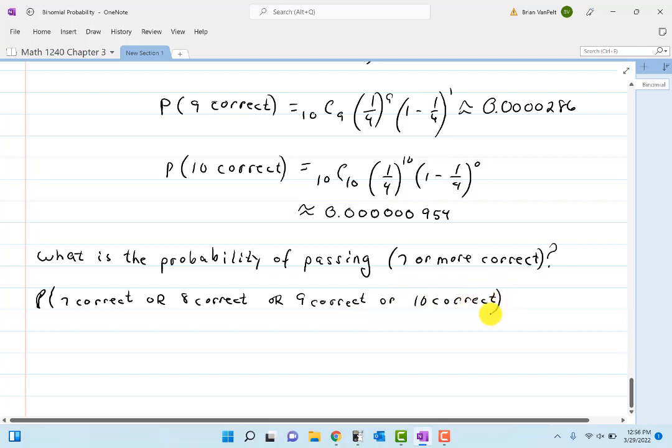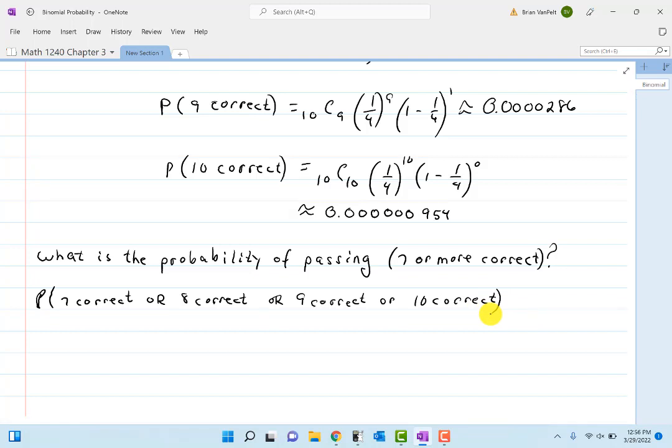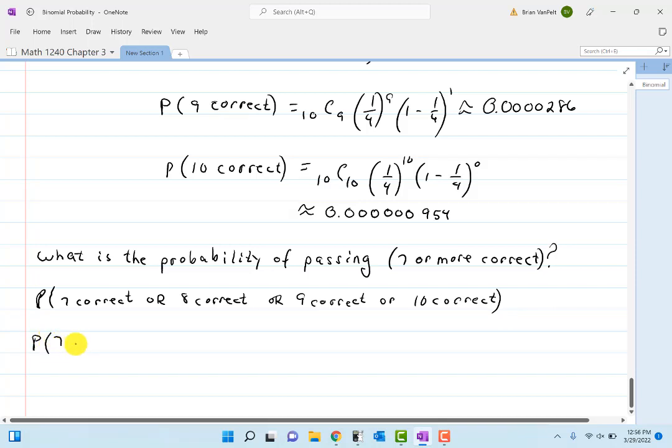Of course, once again, these are mutually exclusive outcomes, so you can't have a 7 and an 8 at the same time, for example. So I can break this up into the probability of 7 correct plus the probability of 8 correct plus the probability of 9 correct plus the probability of 10 correct.